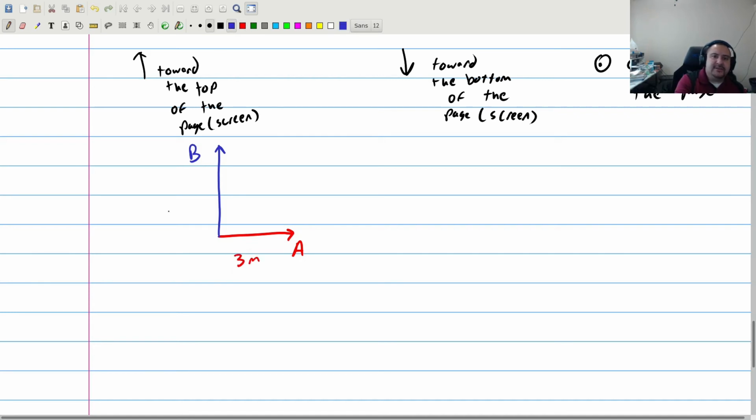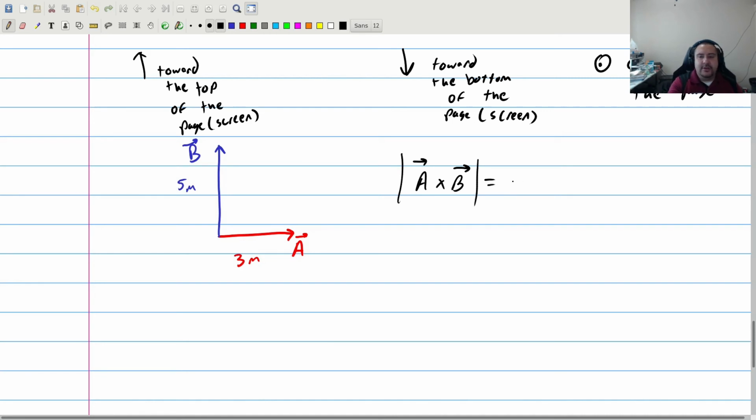And let's call this one, that looks like about 5 meters maybe. So here are my vectors A and B. And I want to find the cross product of A cross B. So the cheater way of doing this, if I only care about how strong this is, I can figure out the magnitude of this thing.